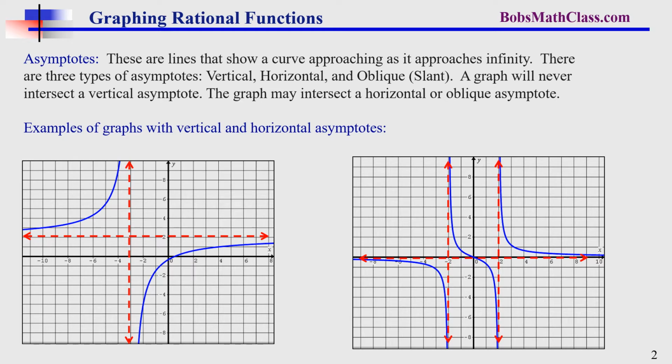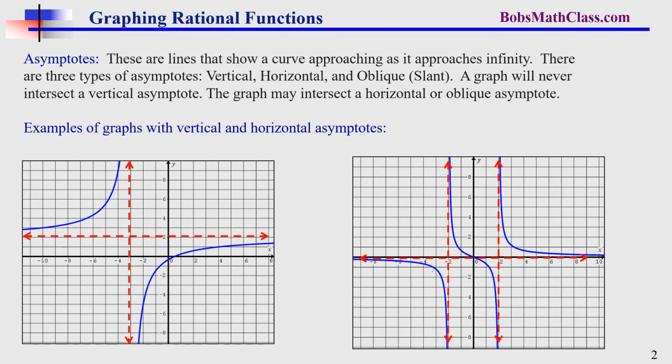The one on the right has two vertical asymptotes, and you can see the middle section does cross the horizontal asymptote. And that's the only time it crosses, so it crosses through it. So anyways, these are some examples of the things we're going to be graphing. There's three types of asymptotes: vertical, horizontal, and oblique.